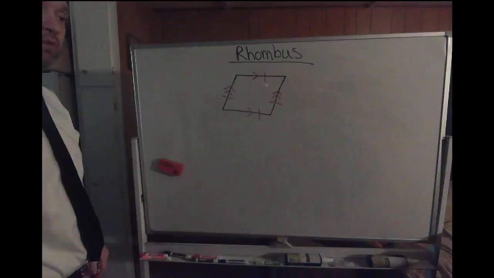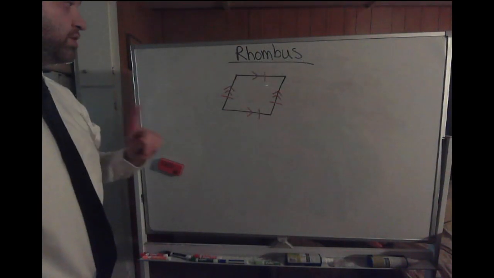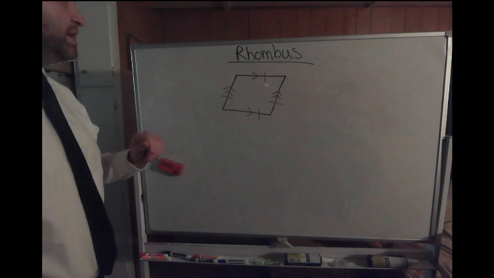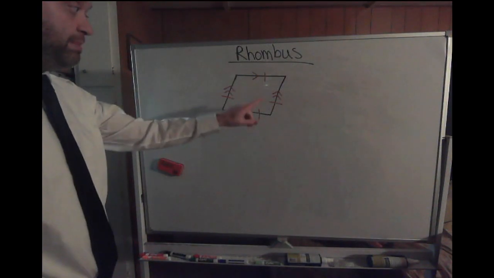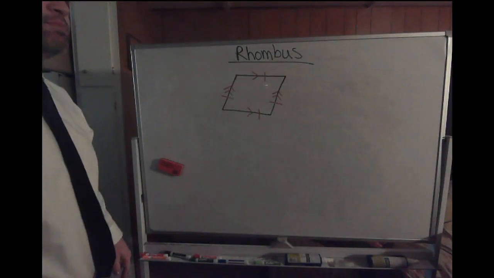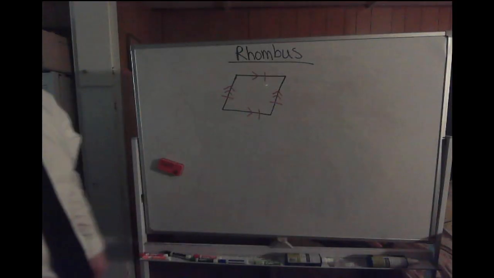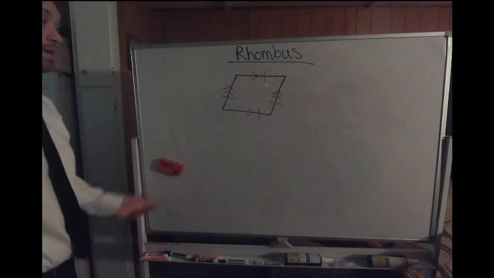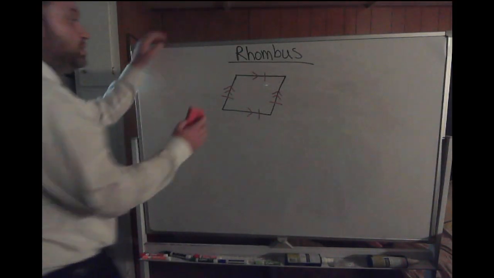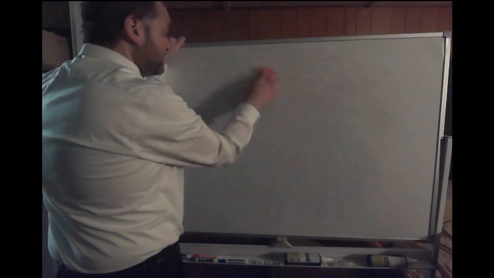A rhombus is for sure a parallelogram because both pairs of opposite sides are parallel. That alone is enough to make it a parallelogram. But what makes it special is that all four sides are congruent. So now we're going to have some theorems about rhombuses, and then some exercises about them too.